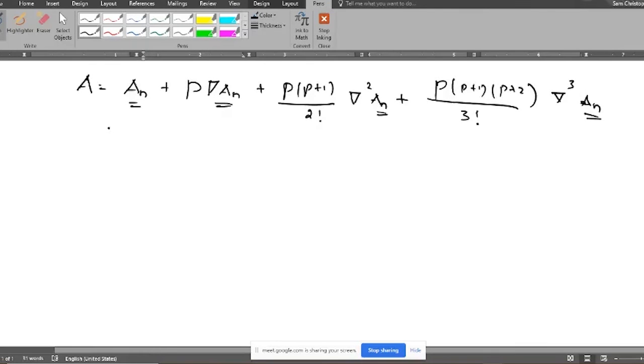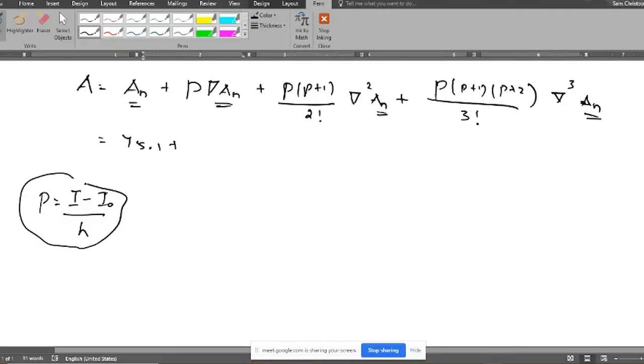So a is equal to, what's the value of an? An is nothing but 75.1 plus p into, what is p? We actually need to find it. P is the initial value, the value we have to find, I minus I0, divided by h, the common difference. This is what it is in Newton's forward.